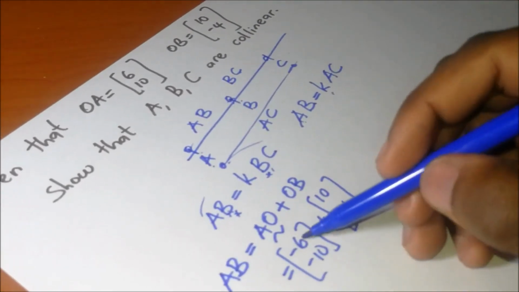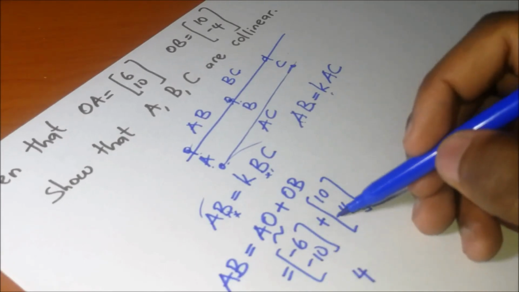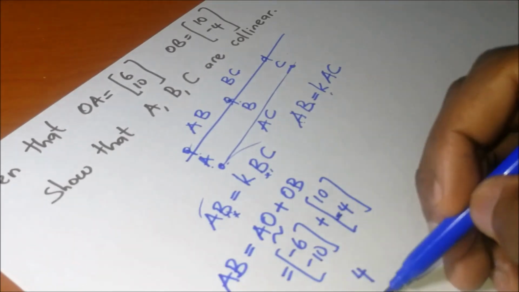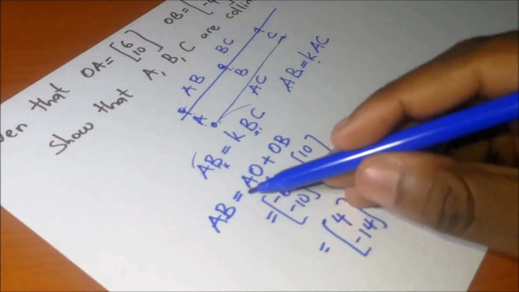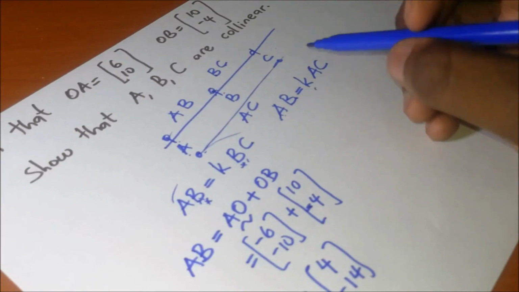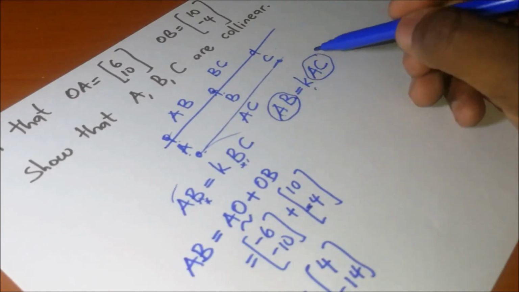So this is going to become -6 plus 10, which is 4, and -10 plus -4, which is -14. That is AB.